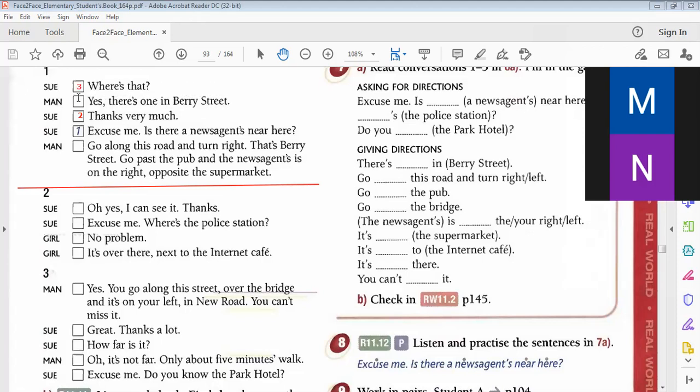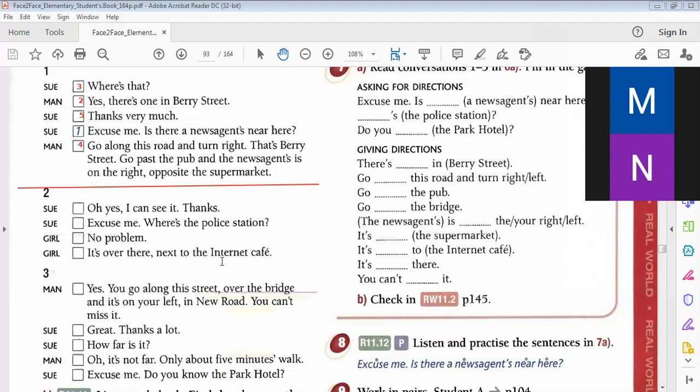What's the answer? Go along this road and turn right. That's Bear Street. Go past the pub and the news agent is on the right, opposite the supermarket. And the last thing, what does Sue say? Thanks very much. Okay, so this is the first conversation.